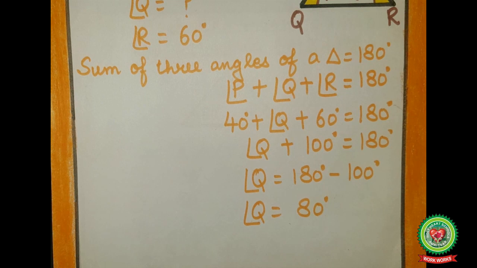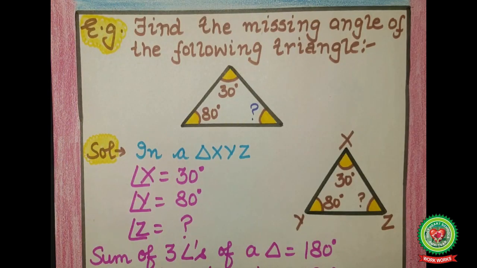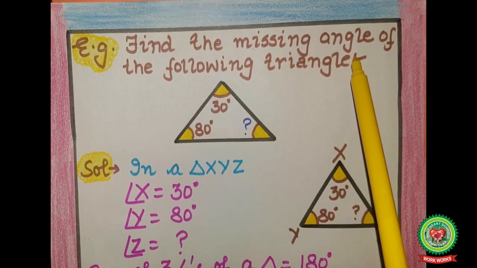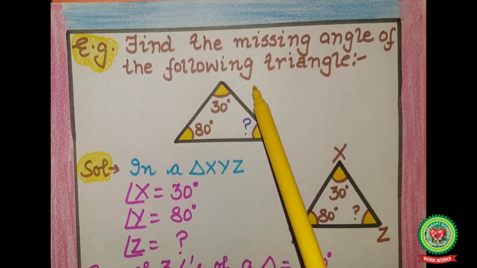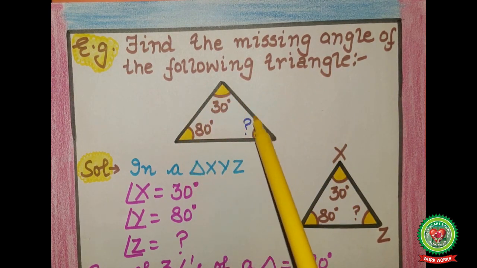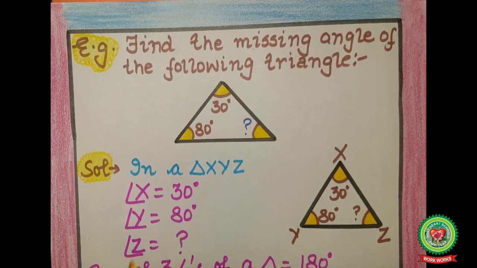Let's take one more example. Find the missing angle of the following triangle. Now students, see, triangle is given, but in this triangle naming is not given.